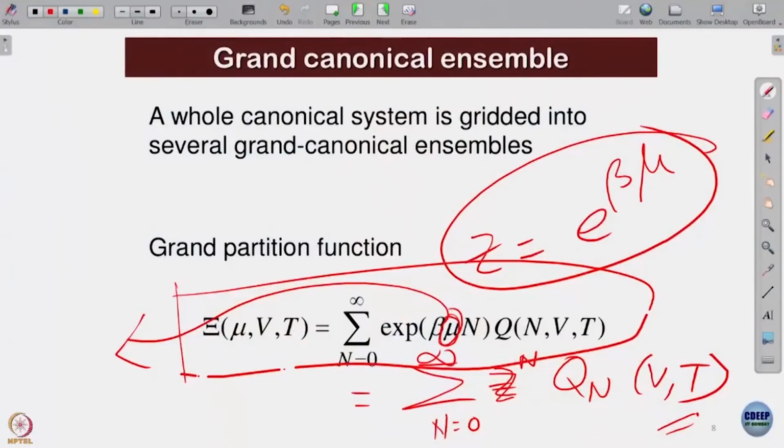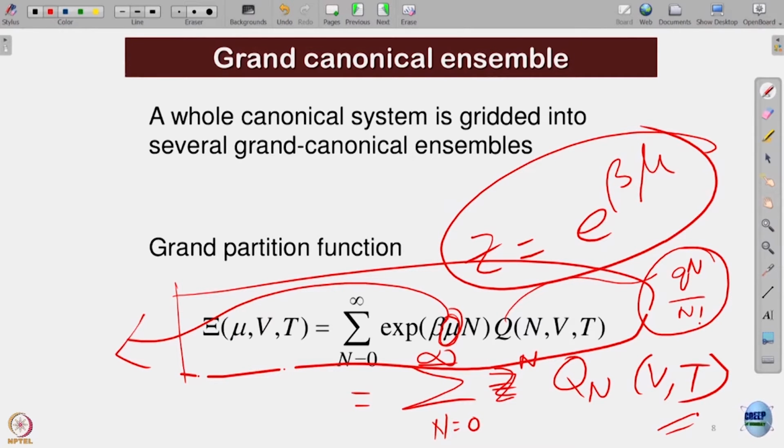Before we do that, if I now talk of the ideal gas, I know Q_N. It goes as q to the power N divided by N factorial. This is the ideal gas or monatomic gas, so I have an exact expression for Q_N.